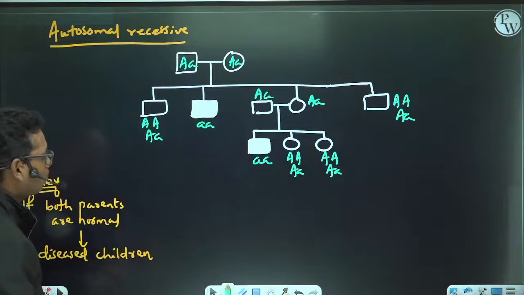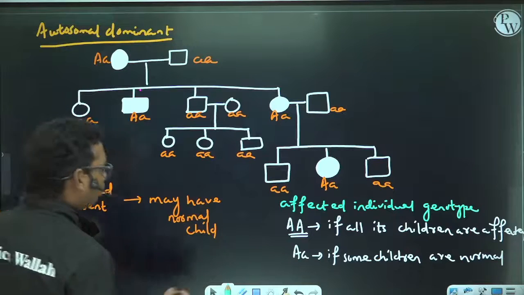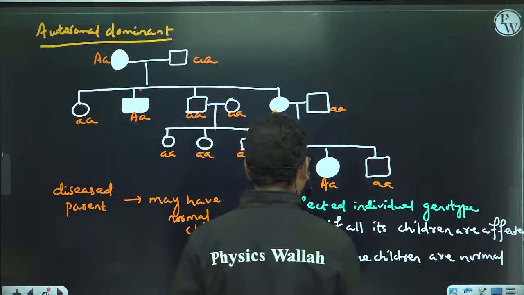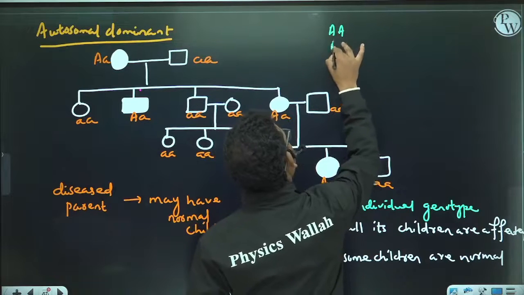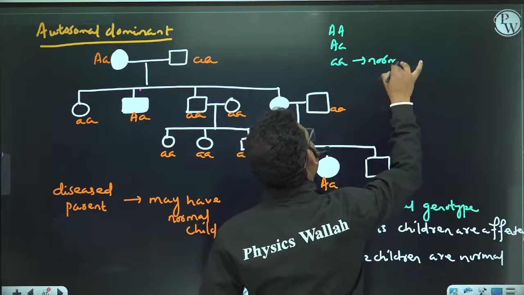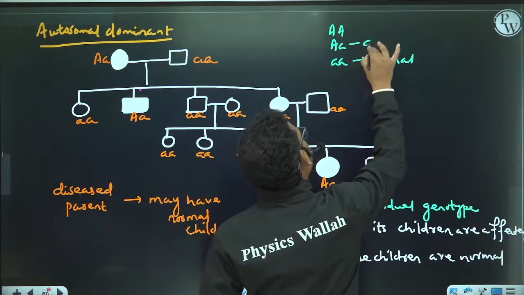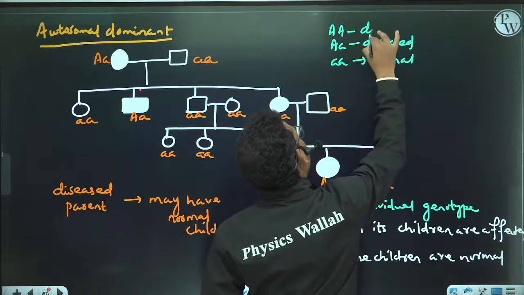So in this case, let me write here one point. In this case, I will write capital A is diseased, capital A, small a is diseased, small a, small a is normal. This is normal individual. Okay, diseased individual. This is diseased individual.